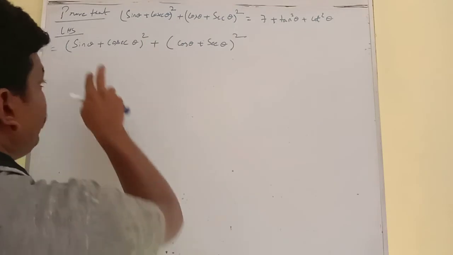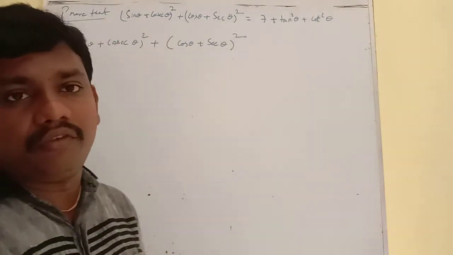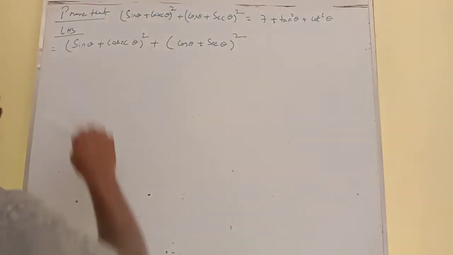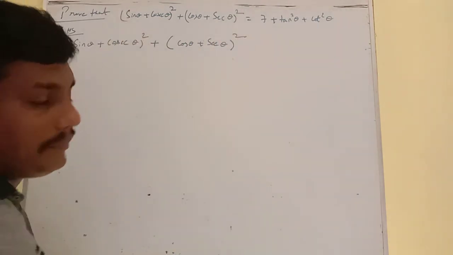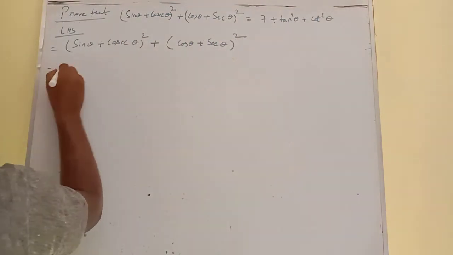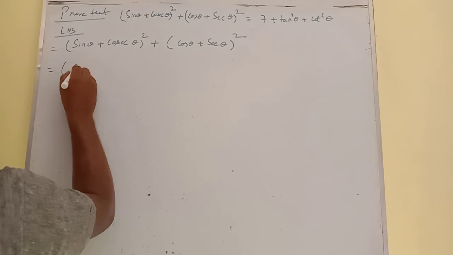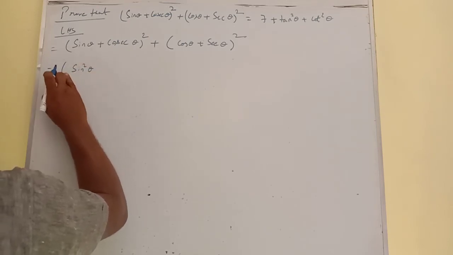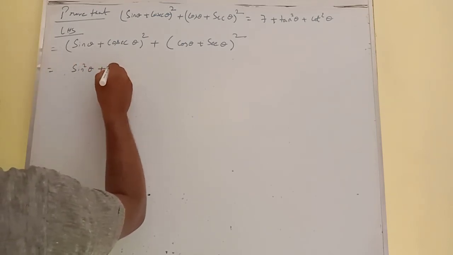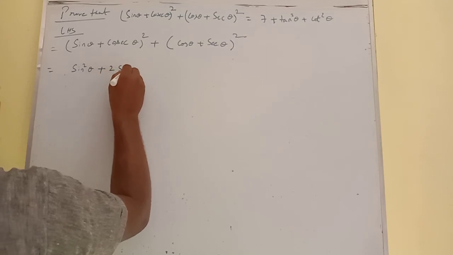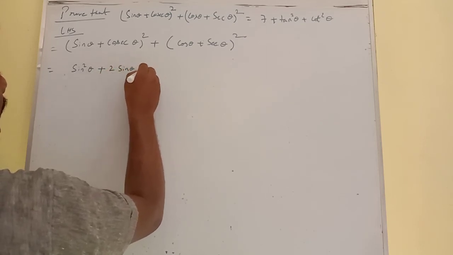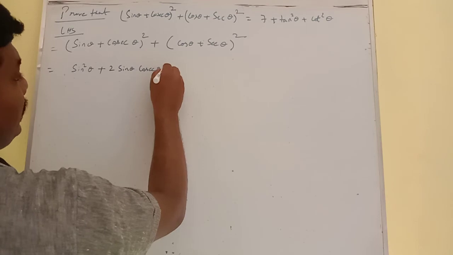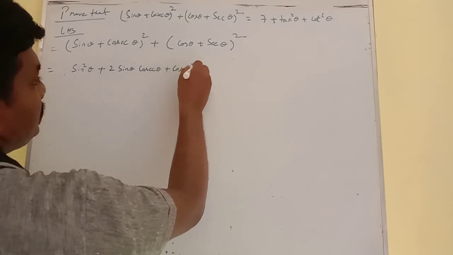In this we are going to use algebraic formulas. What is the algebraic formula? (a plus b) whole square. This is also (a plus b) whole square. So we know that (a plus b) whole square is equal to a square plus 2ab plus b square. That is sin square theta plus 2 into sin theta into cosecant theta plus cosecant square theta.